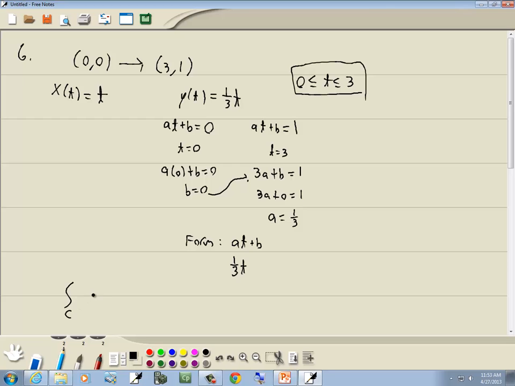So we have the integral of 3x squared minus y squared ds, and we just said that r is going to equal t i plus 1/3 t j, where this is our x of t and this is our y of t.